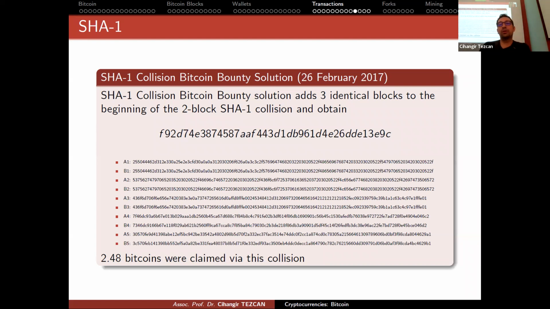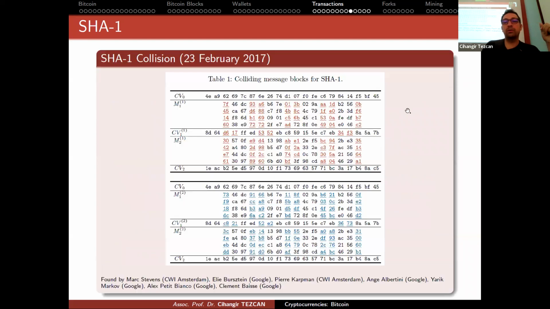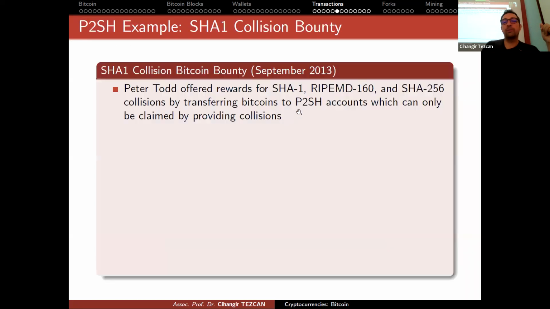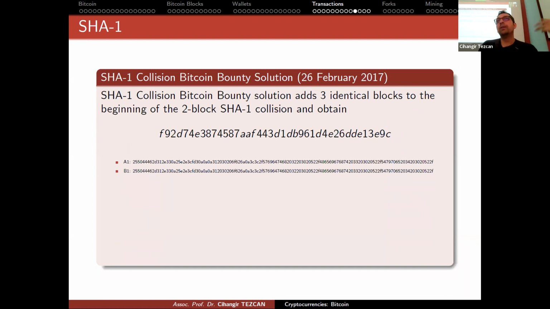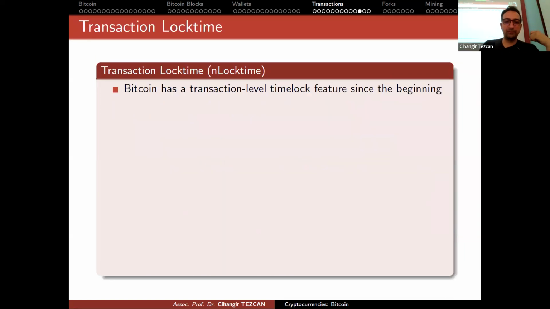So your first bet will probably be to find a collision for RIPEMD-160. But I think the reward right now is 0.4 Bitcoins or something, so it might not be that appealing right now. But still, if you can find a collision, you can earn some extra money by withdrawing these rewards.